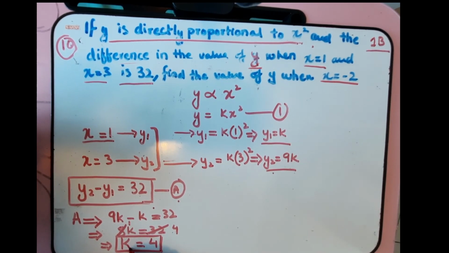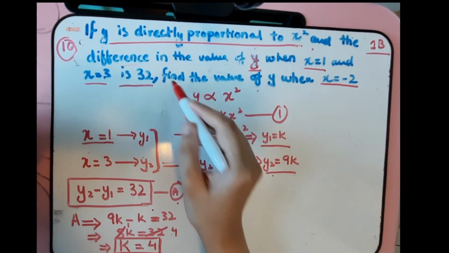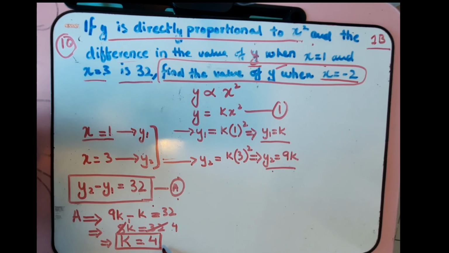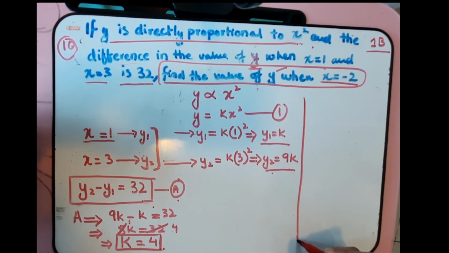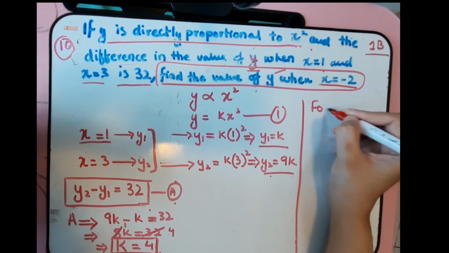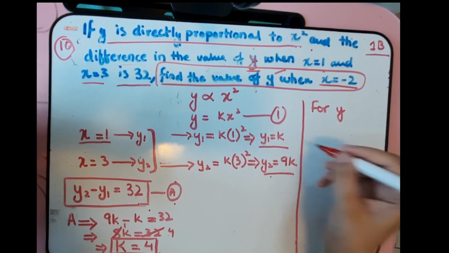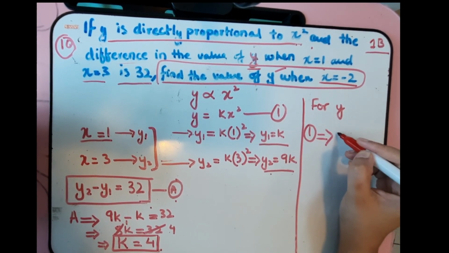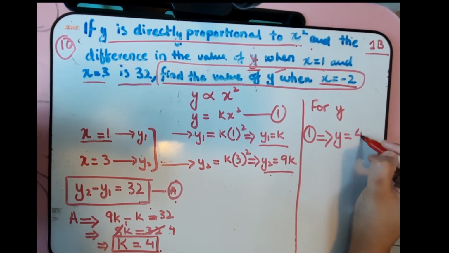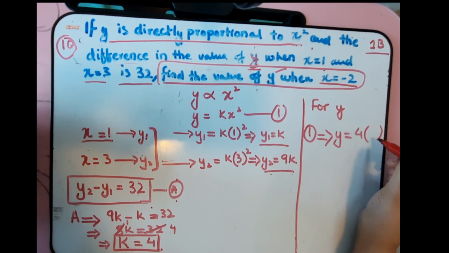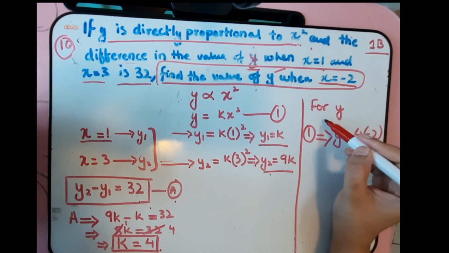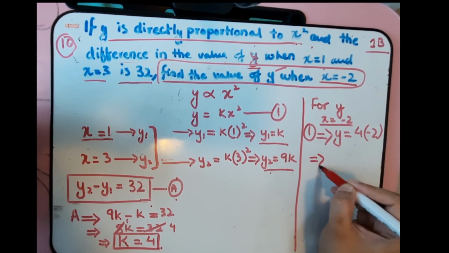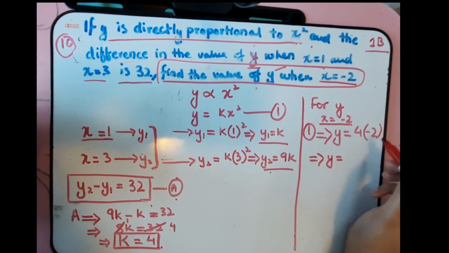Now we can use this value of k in our given condition to find the value of y. Now we know the value of k, so for y from our equation 1 we know y is equals to 4 multiplied by minus 2 whole square, where x is equals to minus 2 here.